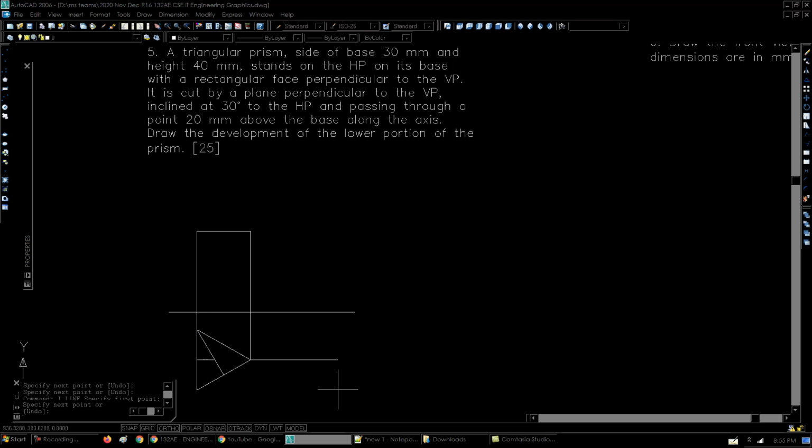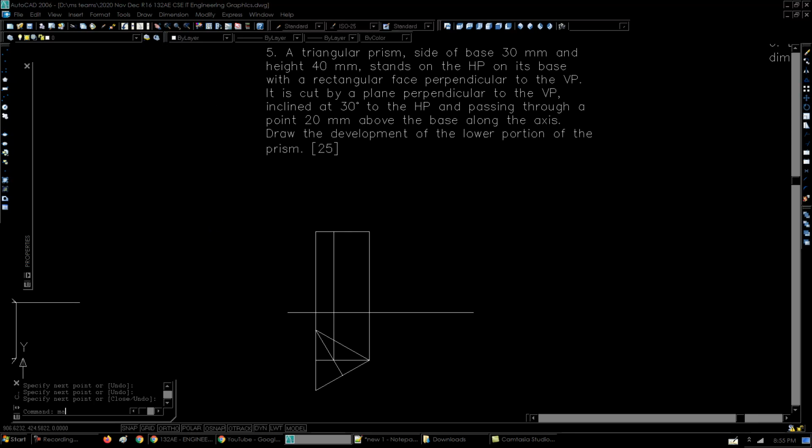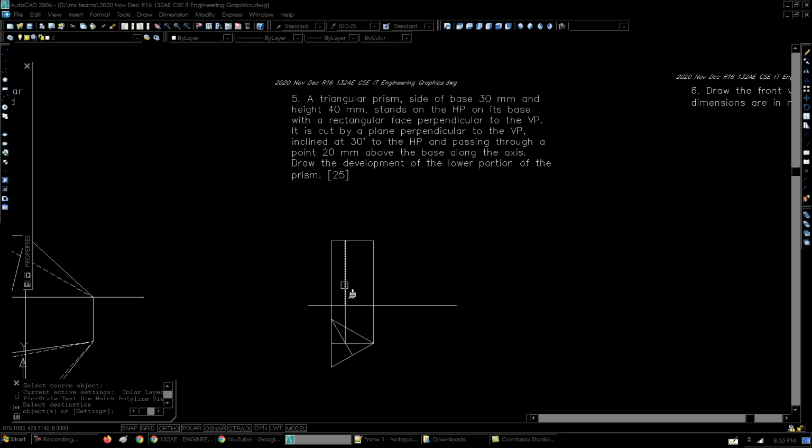So we first find the centroid of the base by joining the midpoint with the opposite corner, once again midpoint with the opposite corner. Once the centroid is got, from the centroid we need to draw the axis. Let me take the axis here.